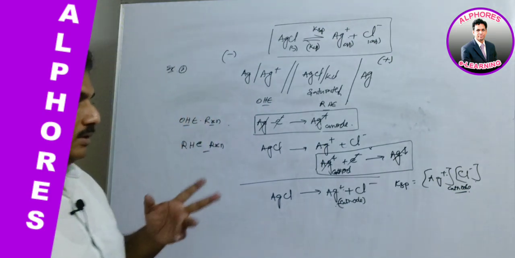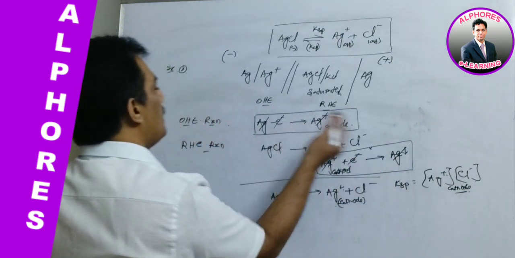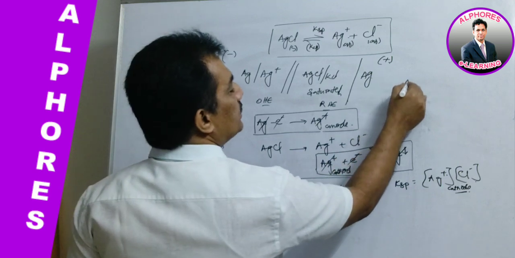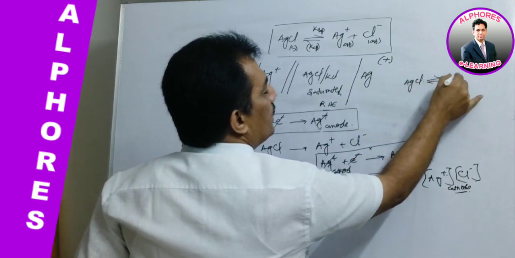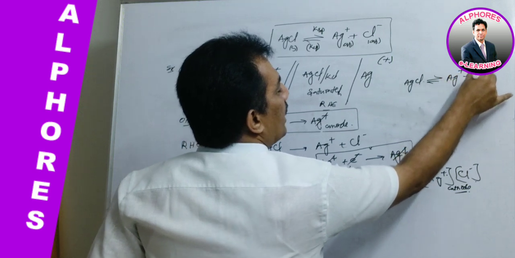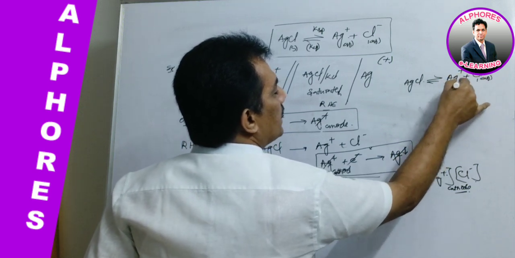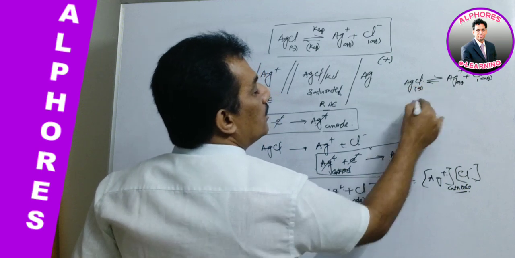Ag plus of cathode. For the KSP of AgCl, AgCl gives Ag plus and Cl minus, both aqueous, and it is a salt.